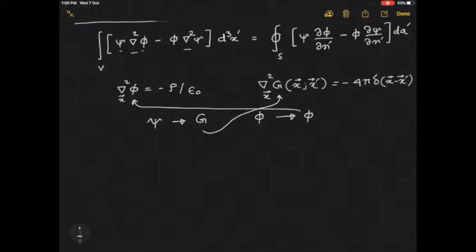And let's see if I use those, what happens to the Green's second identity. Psi is g. Grad square phi I can replace with minus rho by epsilon naught. So let me do that.